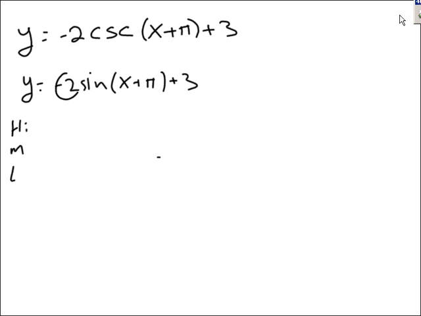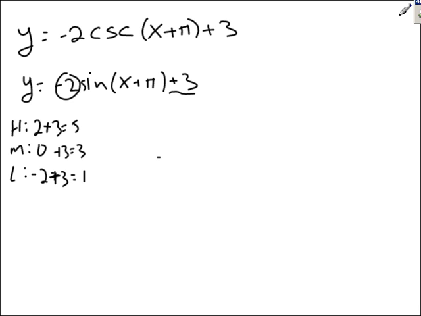The high is usually the absolute value of that number. The middle is 0. And the low is negative the absolute value, negative 2. But we're adding 3. So the high is 5, the middle is 3, and the low is 1. 1, 3, and 5. Why does that sound familiar?